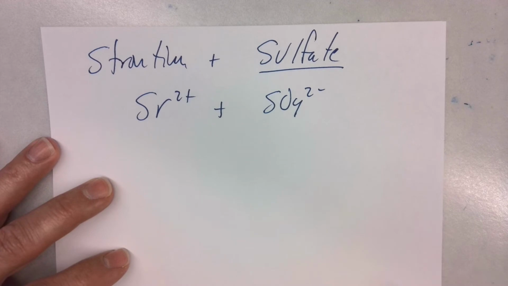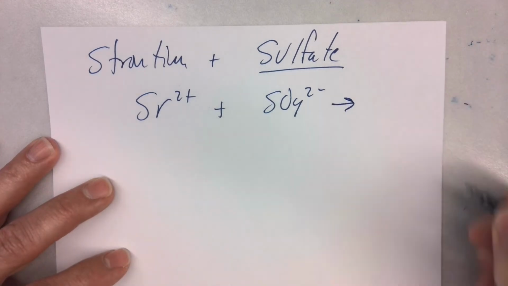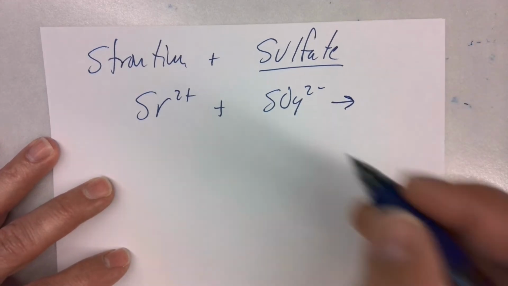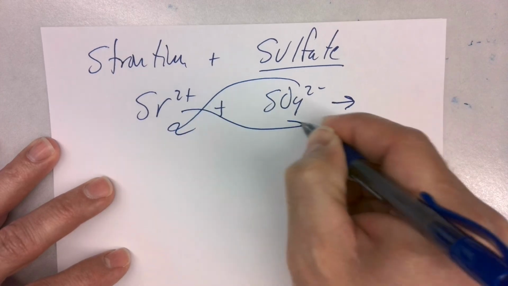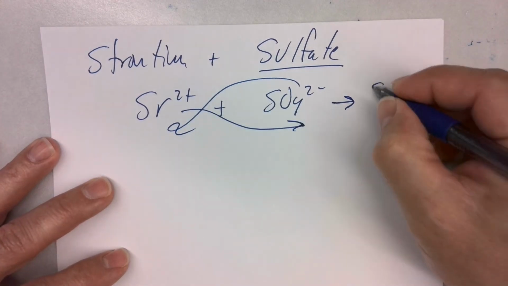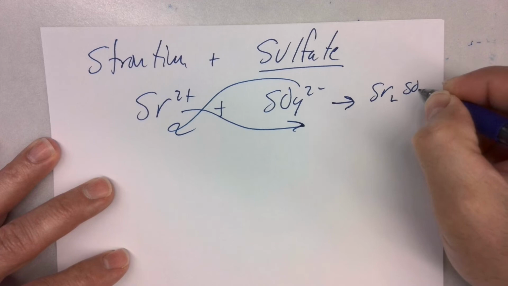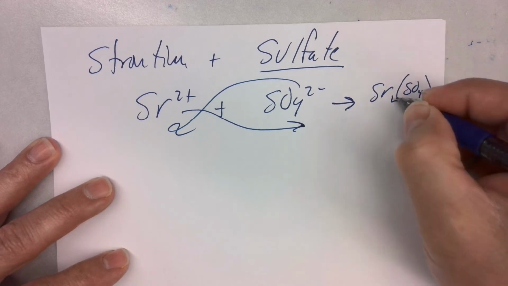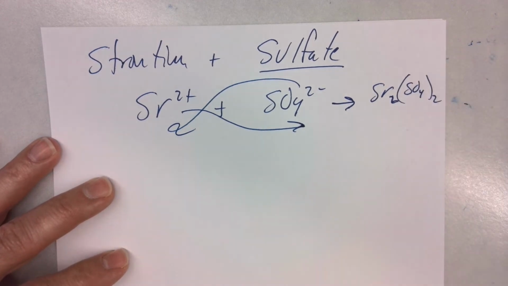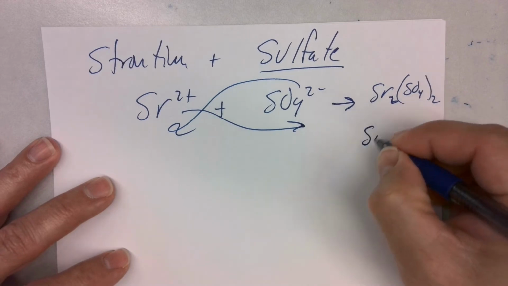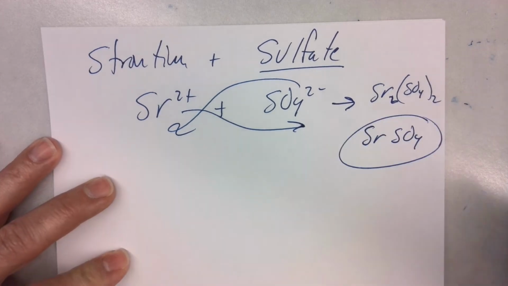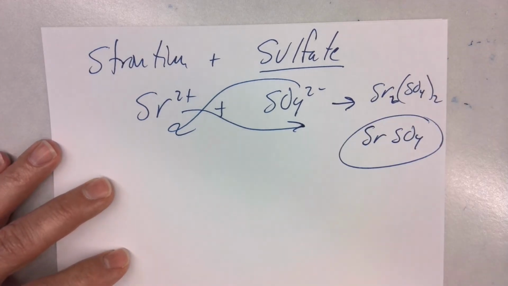Right? How would I get that together then? Would I do this? Would I get that? No, you would simplify. I would simplify it and it would just be SrSO4 as my answer. Okay?